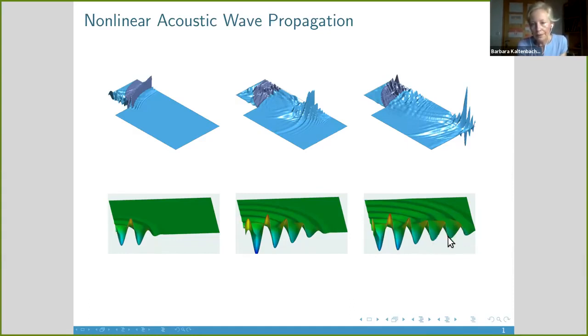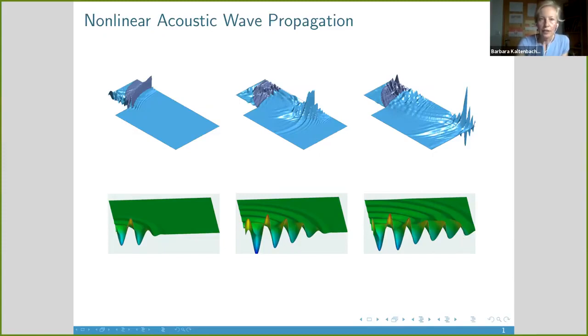So at the end, you see this sawtooth behavior, as it's also called, that is due to the fact that basically at this amplitude, the wave has a higher speed than at this negative amplitude. And so you will see also in the equations that the effective speed of sound depends on the pressure, basically, or on the amplitude of the wave.